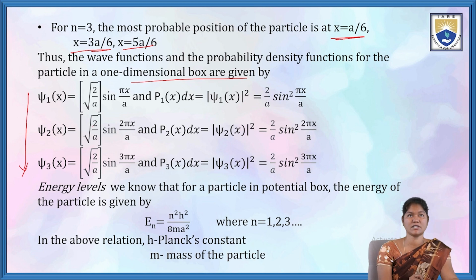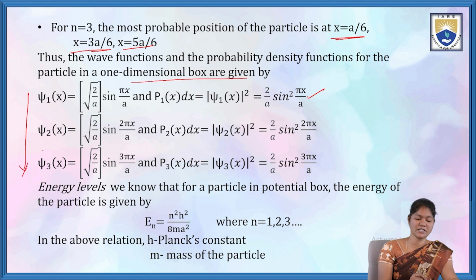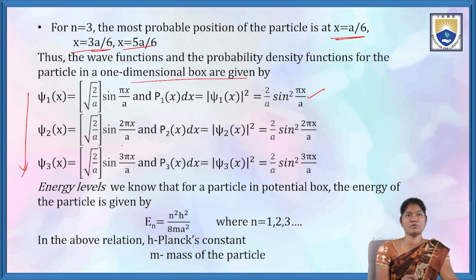So psi 1 of x is equal to root 2 by a sine pi x by a, and the probability density of finding the particle, P1 of x dx, is equal to modulus psi 1 of x square, that is, 2 by a sine square pi x by a. Taking psi 2 of x, we get root 2 by a sine 2 pi x by a.